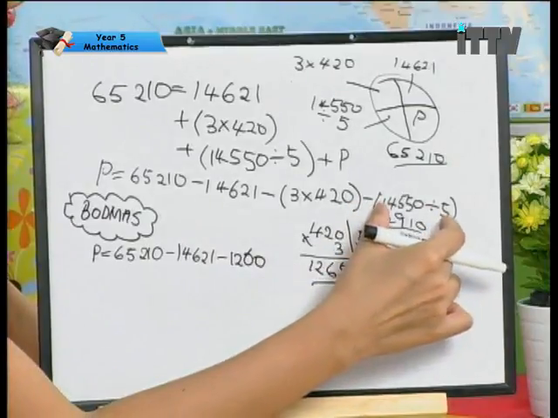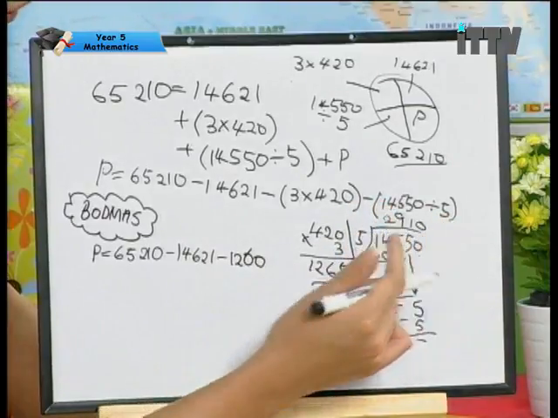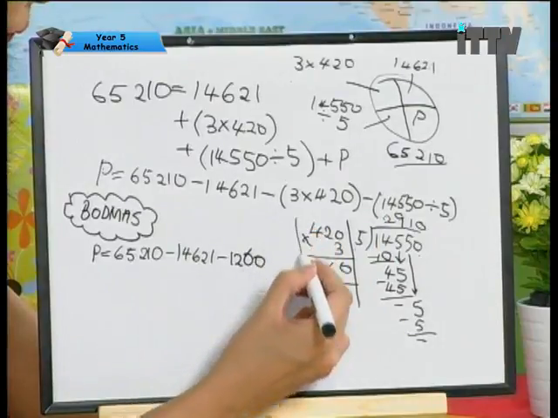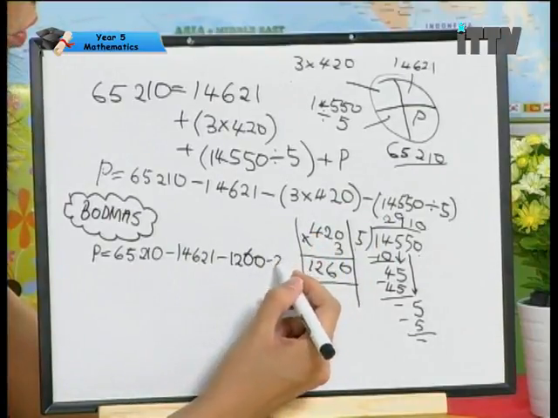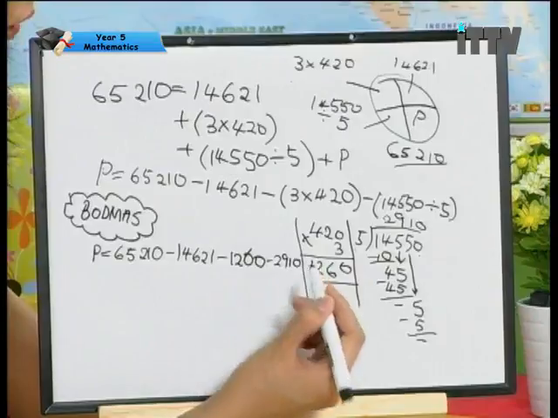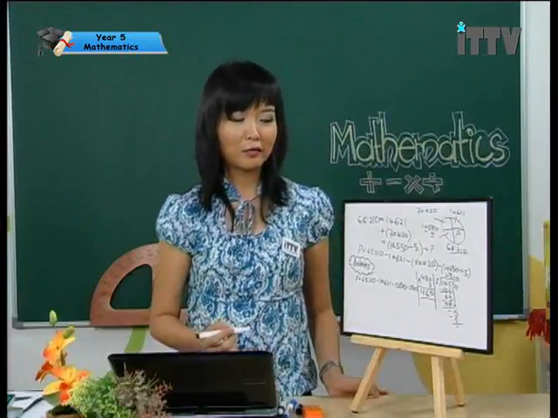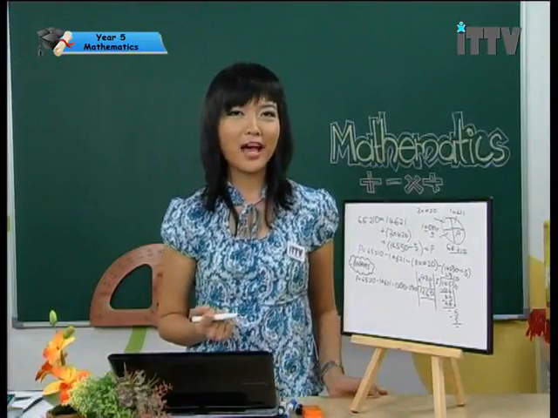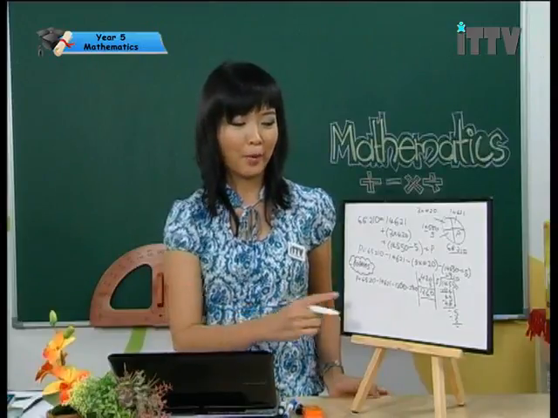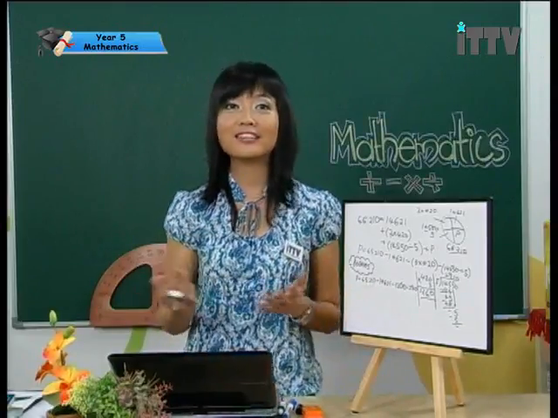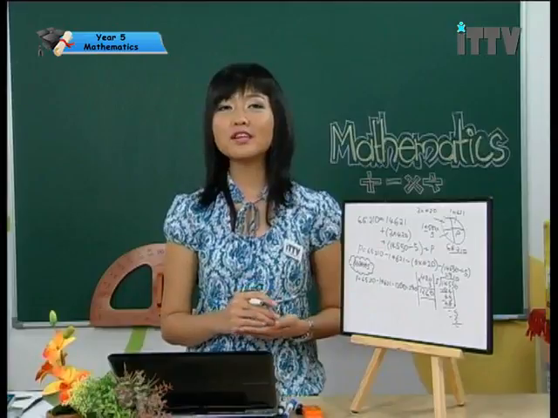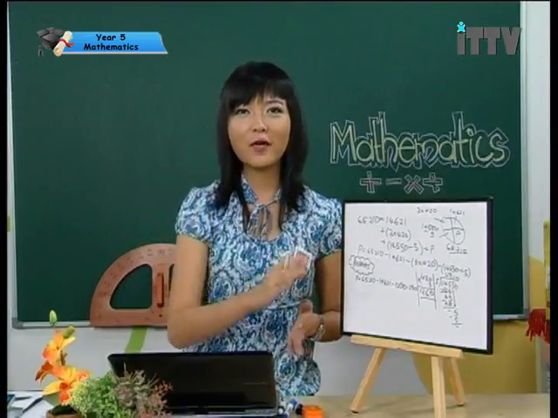Minus, what is the answer for here? 2910. Minus 2910. Okay, now, what operations do we have here? Can you tell me? Minus, minus, and minus. Well, it's just minus. So you can proceed to solve it from left to right.